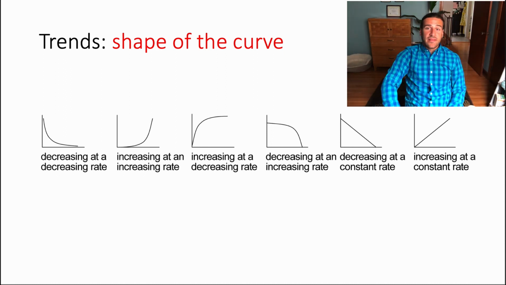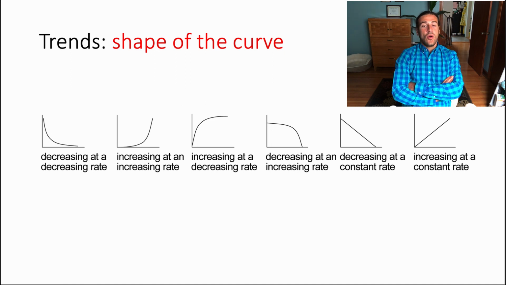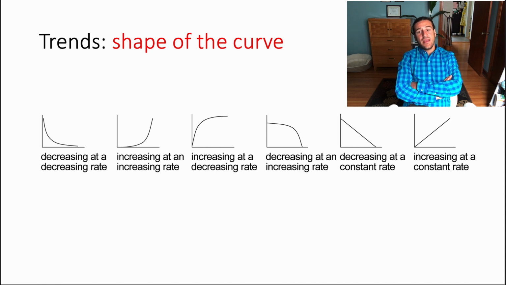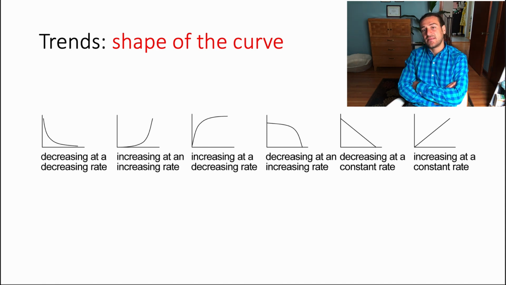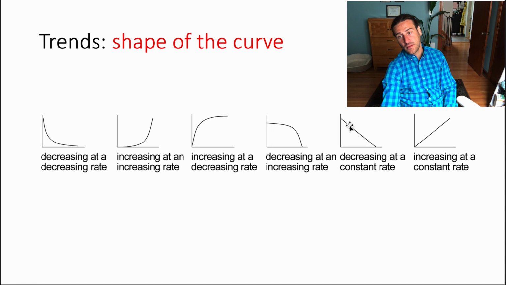So we know that these figures do not always have straight lines. The ones that do have a straight line, whether they're increasing at a constant rate or decreasing at a constant rate, are pictured on the right. So we have a clearly defined negative slope and a positive slope. They are decreasing at a constant rate and increasing at a constant rate.